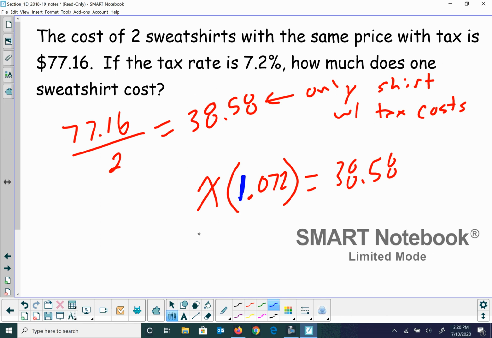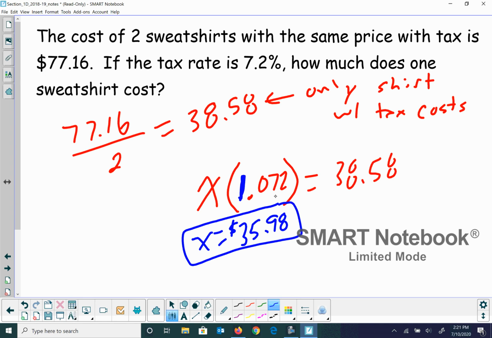So now I'm going to undo this, and I'm happy to go over this with you a little bit. I'm going to divide each side by 1.072. And this came out to a much nicer number. Rounded to the nearest penny, this is how much each shirt costs.